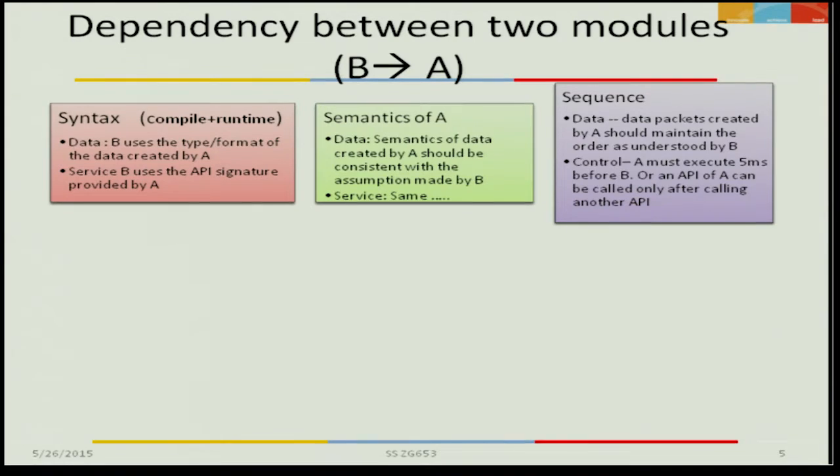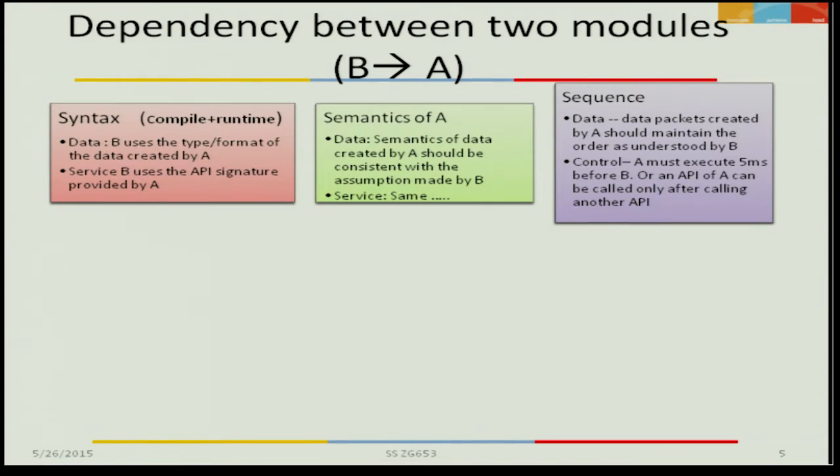Then there is a sequence dependency. Sequence dependency is that the data packets created by A must be in the same order as understood by B. This is typically the case in streaming of packet data in different packet transmission protocols. Such things are very common and very relevant.